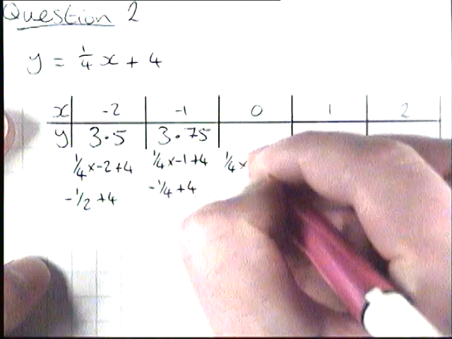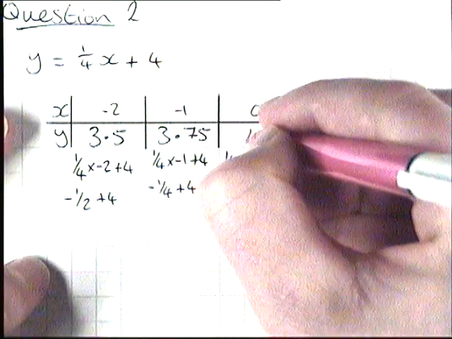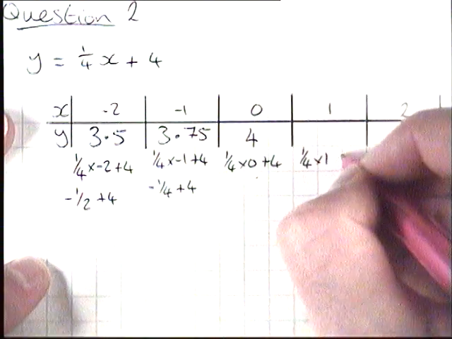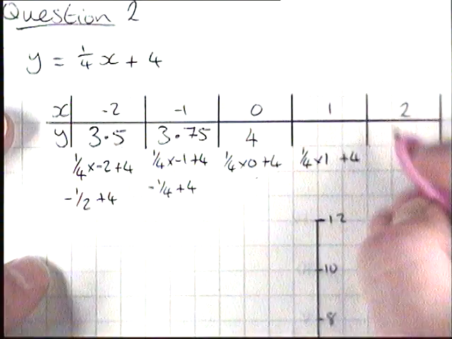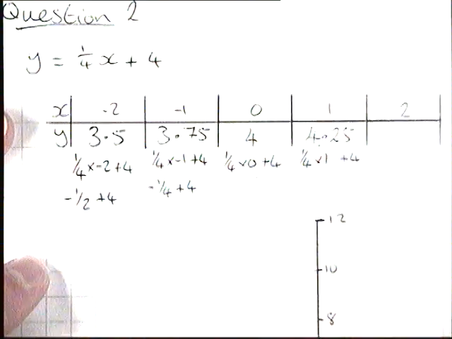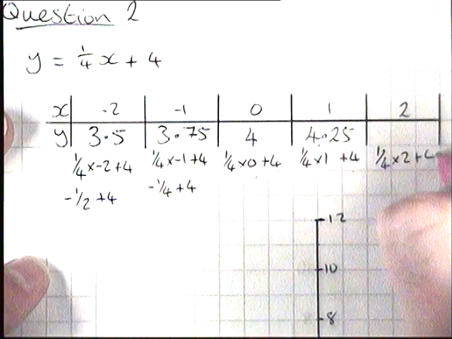A quarter times 0 plus 4. Well, a quarter times 0 is 0. Add 4 is 4. A quarter times 1 plus 4. A quarter times 1 is a quarter. Add 4 is 4.25, or 4 1/4. And last one, we've got a quarter times 2 plus 4.